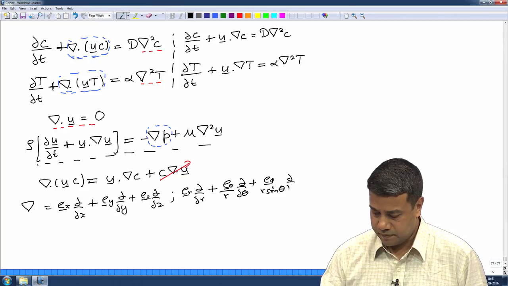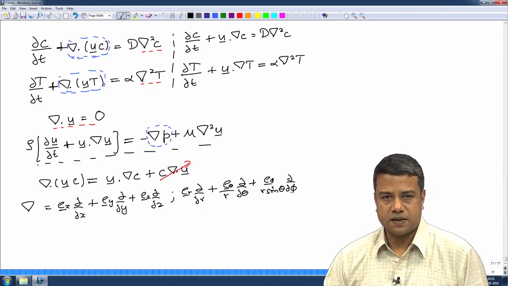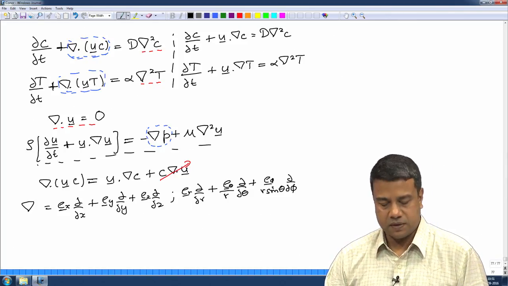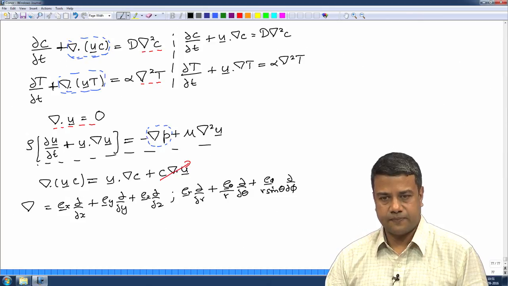So, that is the expression for the gradient in a Cartesian coordinate system and a spherical coordinate system.